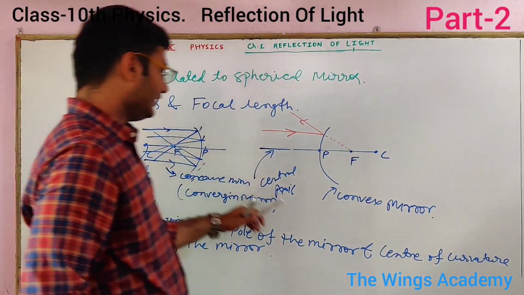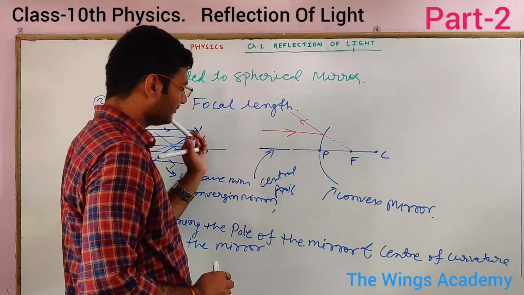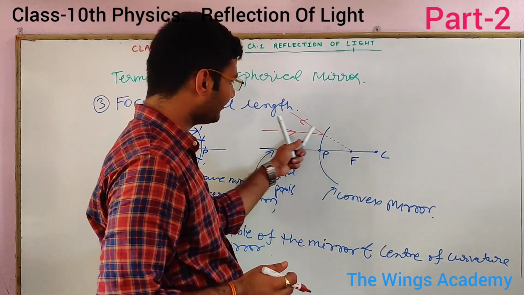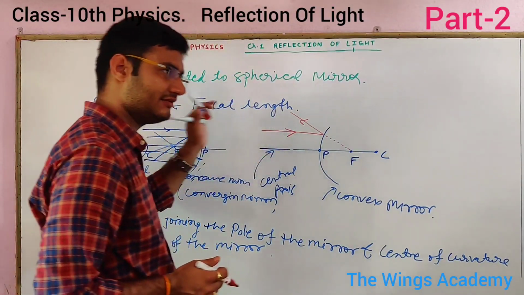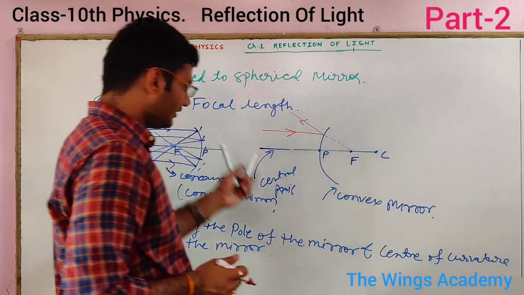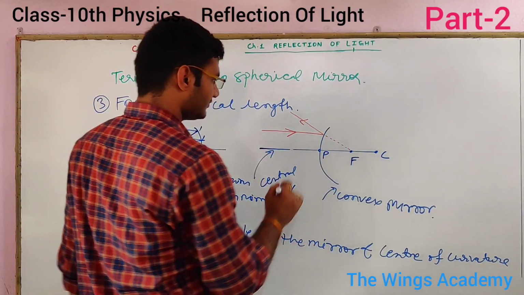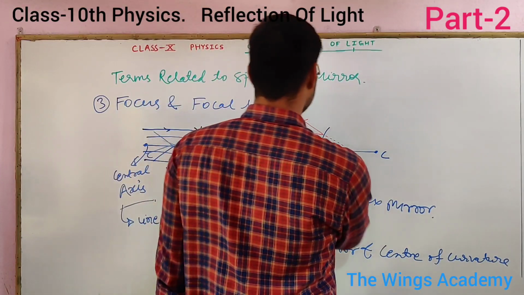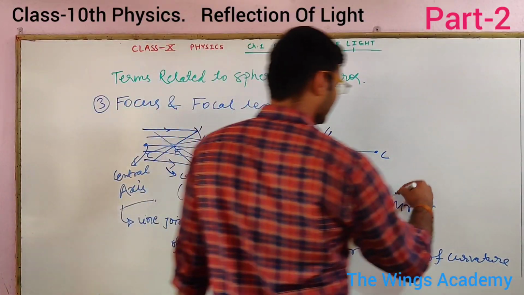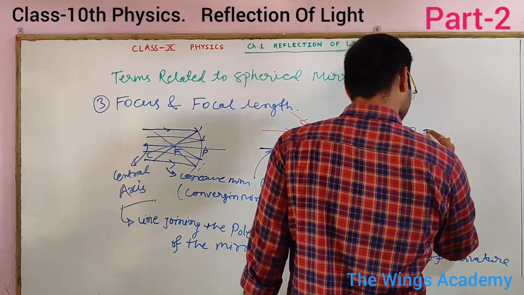In the convex mirror, light coming from space parallel to the central axis appears to diverge, not actually diverges, but appears to diverge from a fixed point on the central axis of the mirror, and this point is known as the focus. Since light rays diverge from the convex mirror, this mirror can be called a diverging mirror.